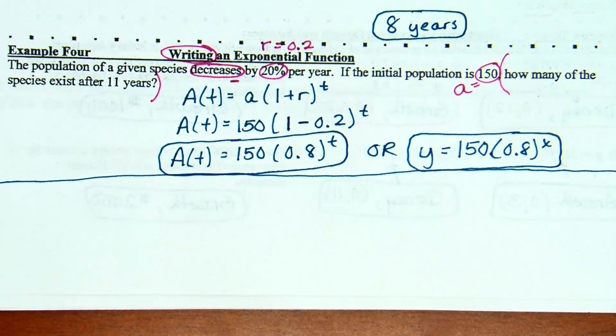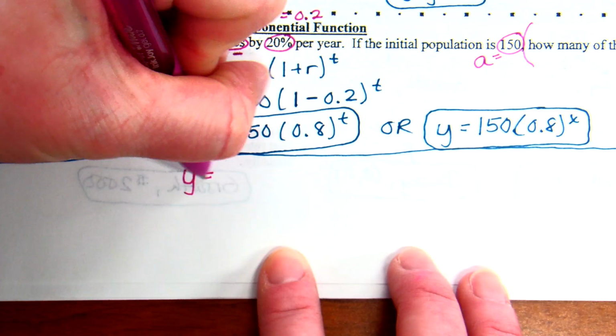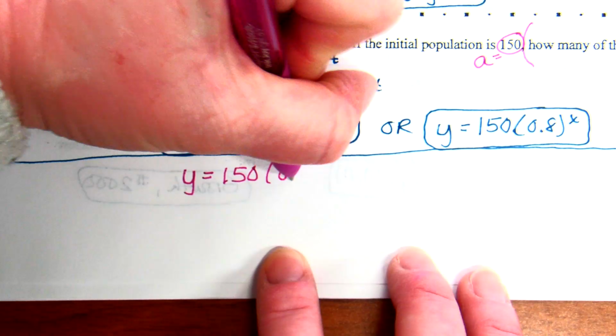Now, finish the problem. Now you can read after the number 150. How many of the species exist after 11 years? So what do we do? Plug 11 in for t or x, whichever way you're doing this. So if I use the other one, 150 times 0.8 raised to the power of 11.